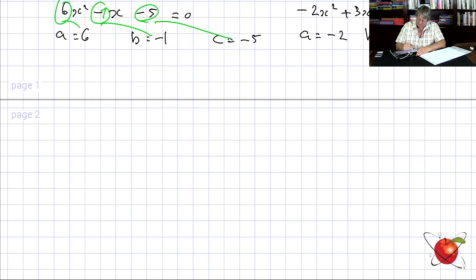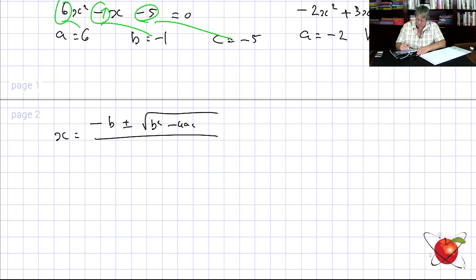And then we can now say, therefore, x is equal to minus b plus or minus the square root of b squared minus 4ac all over 2a. Now we're going to substitute in for a, b, and c, right? a is 6, like that, correct?